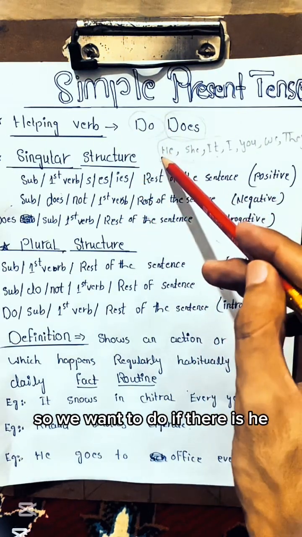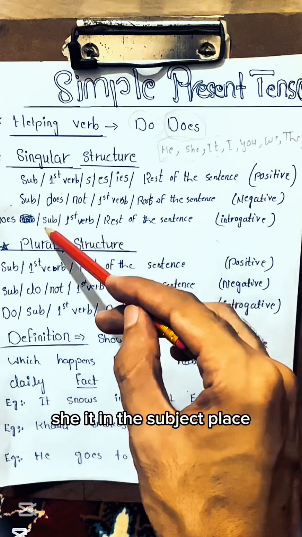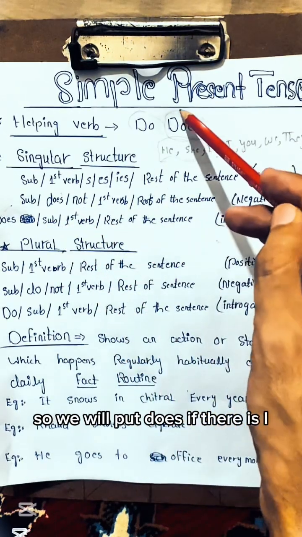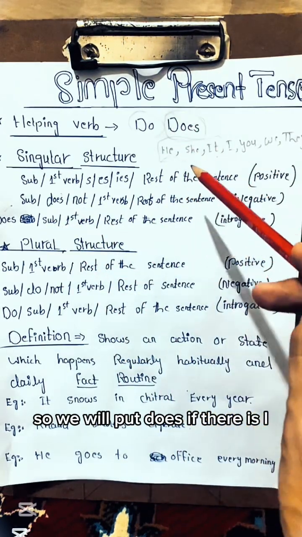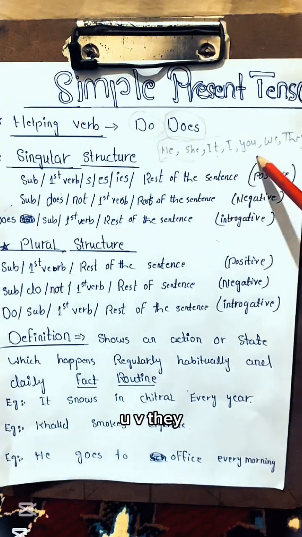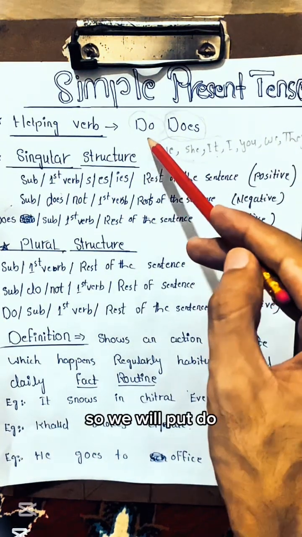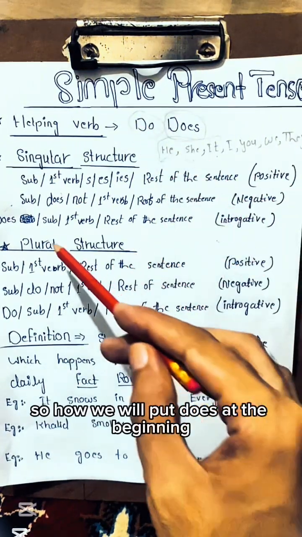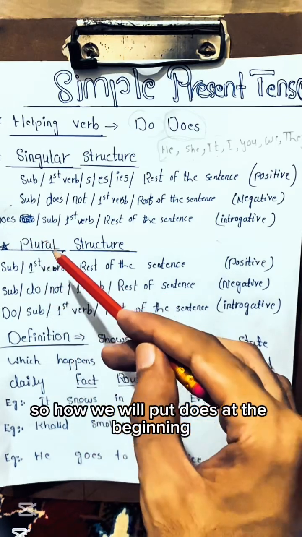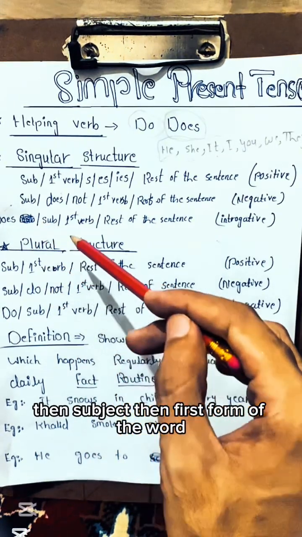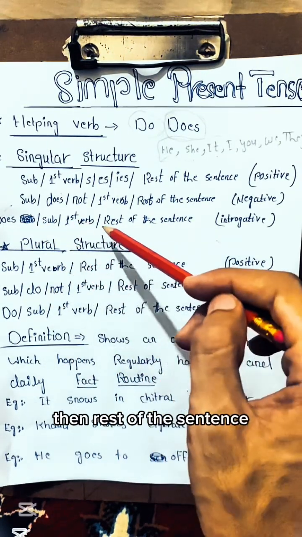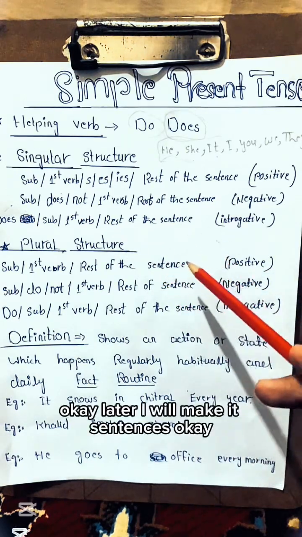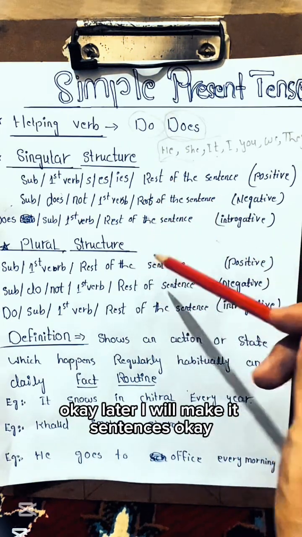If there is he, she, it in the subject place, we will put does. If there is I, you, we, they, we will put do. So we will put does at the beginning, then the subject, then the first form of the verb, then the rest of the sentence. Later I will make sentences.